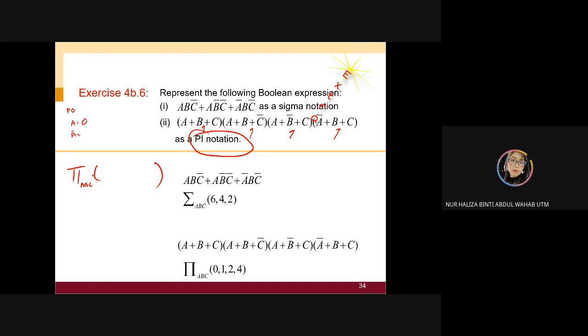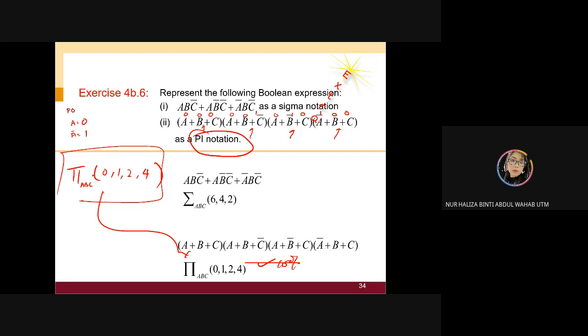A is equal to 0, A bar equal to 1. So here I have 0, 0, 0, 0, 0, 1, 0, 1, 0, and 1, 0, 0. So from here, 0, 0, 0, I get 0. 0, 0, 1, I get 1. 0, 1, 0, I get 2. 1, 0, 0, I get 4. So my answer is correct.